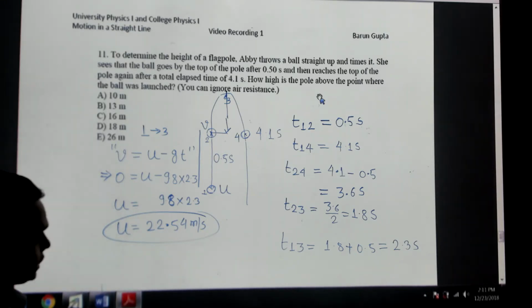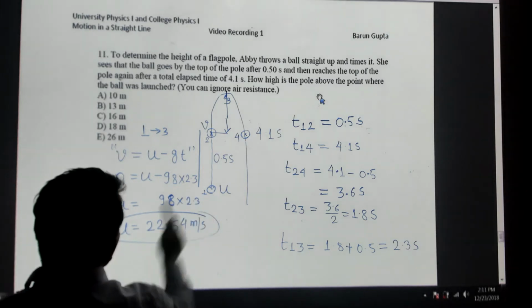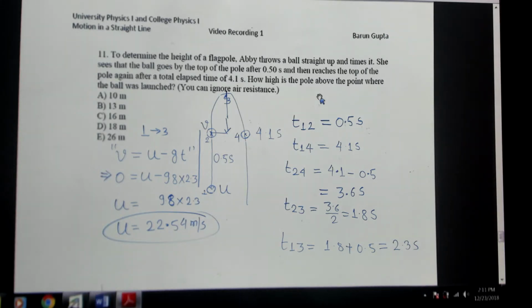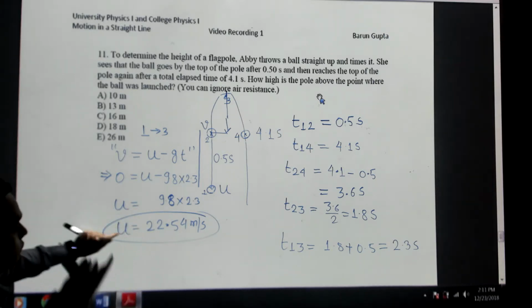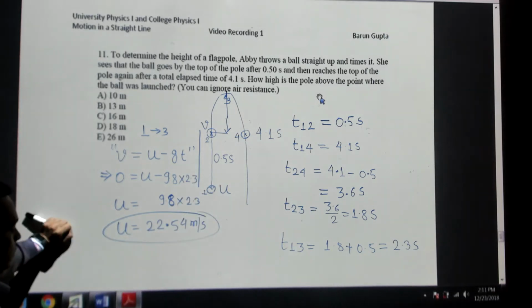So your initial speed is 22.54 meters per second. Now life is so easy. Why? Because now I can use these two pieces of information to find the height of the pole.